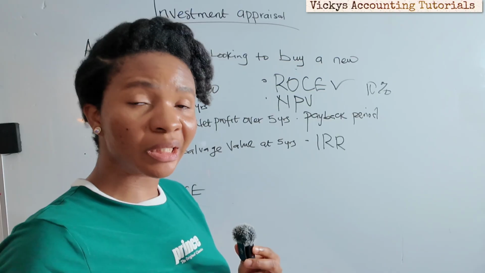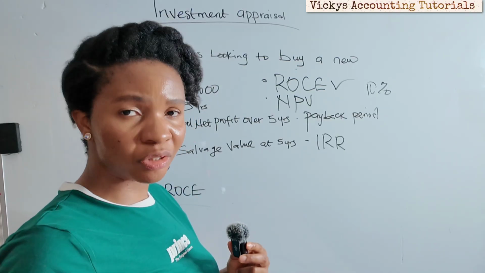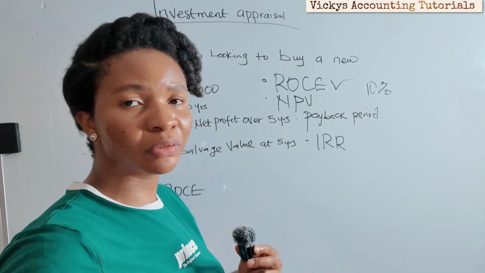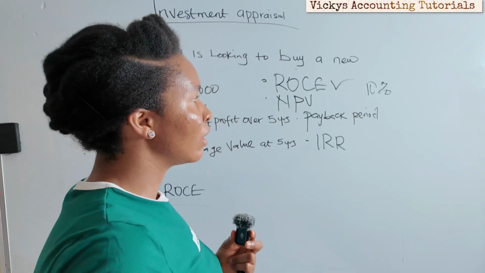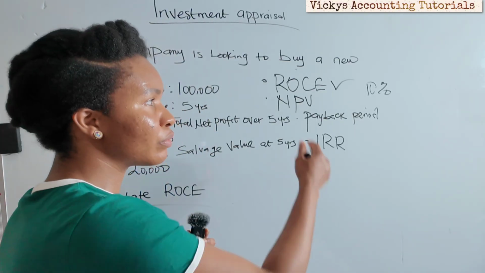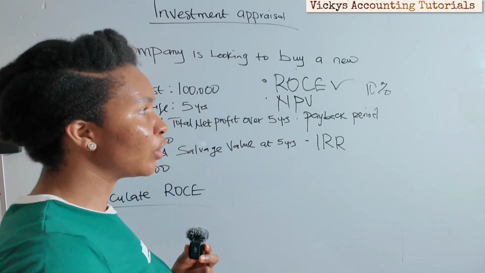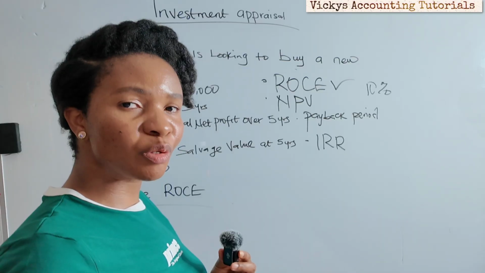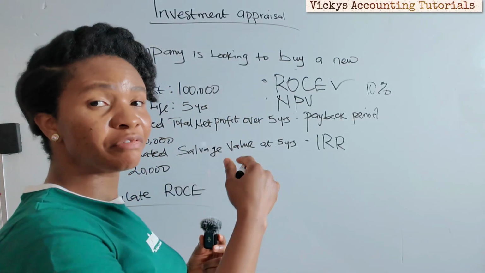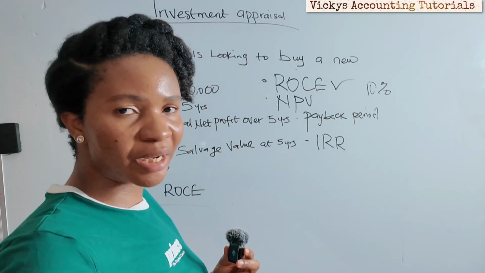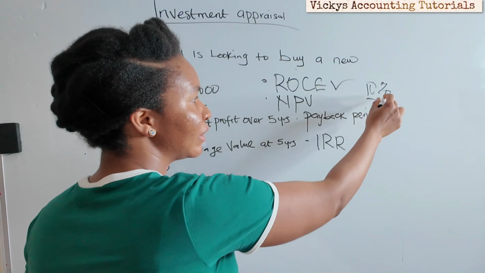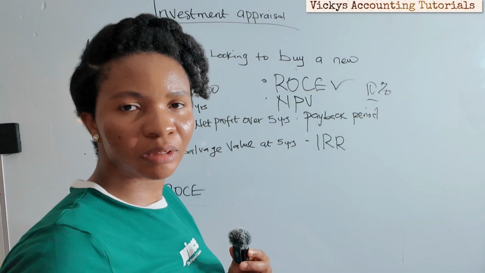So if that company's interest is to maximize the shareholders' profit or to increase growth, the best thing they'll have to do is to appraise that investment to know if the profits they'll be making by investing into that project will yield more than the 10% cost of capital charged by the bank.